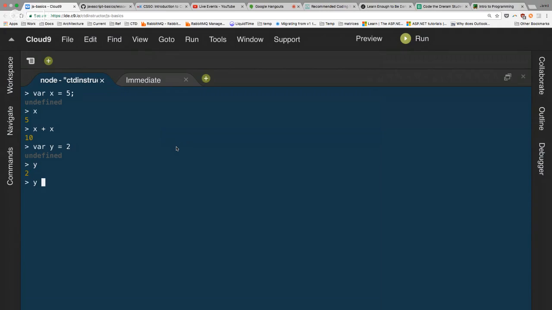So now we can do y times x, for example. It should give us, what's that? 10? Yeah. Because it's just replacing those values as we go through.